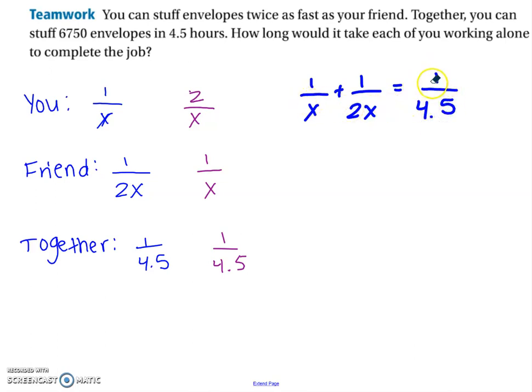So my LCD, my common denominator in this case, I'm going to make it 9x. So I'm going to multiply everything by 9x. So if I multiply 9x times 1 over x, I'm going to cancel out my x's and I just have 9.